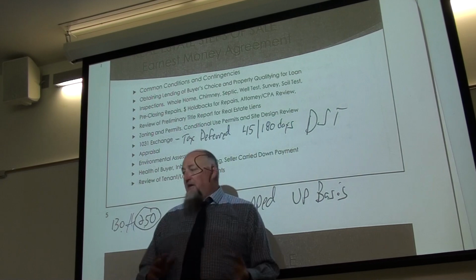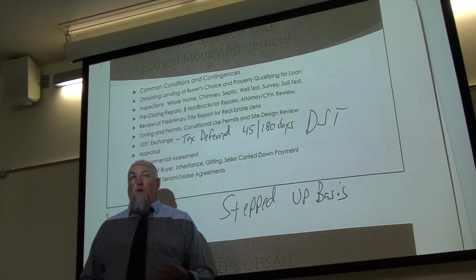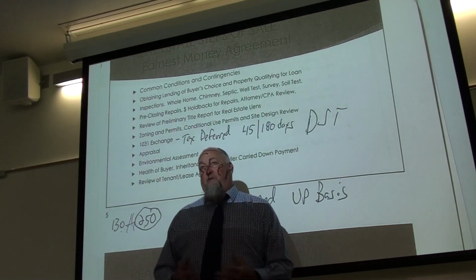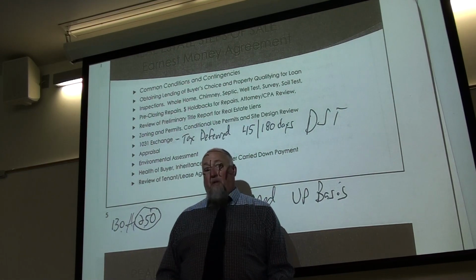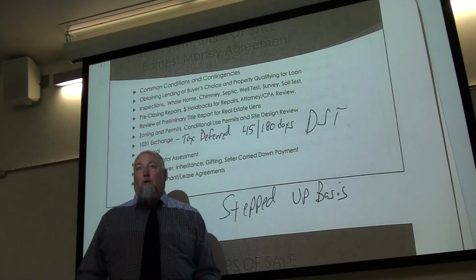So normally in a residential sale, the lender's going to want an 80%, that is 20% down payment, loan for 80%. But if there's serious problems, the lender may want a 30% down payment or 40%. Otherwise, they won't give you a loan.